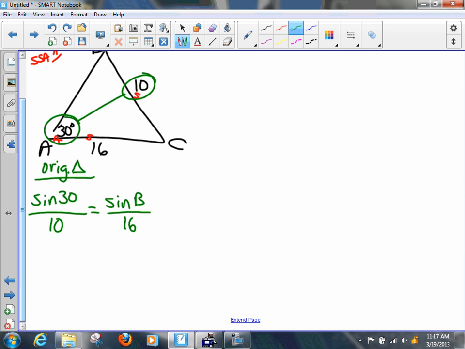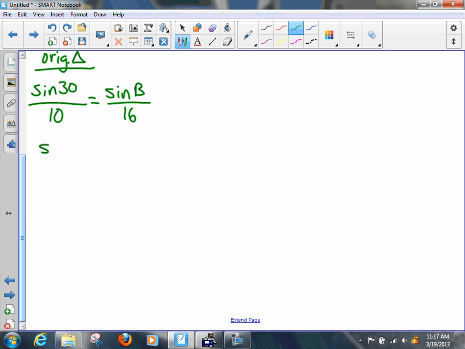Okay? And now we've got to cross multiply. So I've got sine of 30 times 16 is equal to sine of 10 times sine of B. And then mathematically, what are we going to do? We're going to divide by 10.